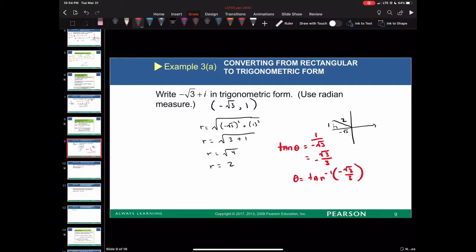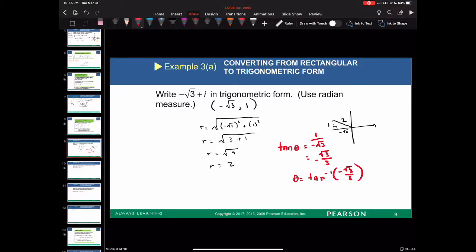So now we have to look at the quadrant that we're in. All right. So since we're in the second quadrant, this is going to be a number that's higher than what? 90. But less than what? 180.